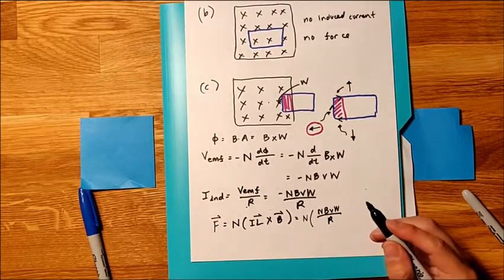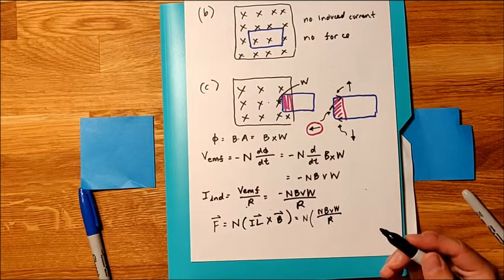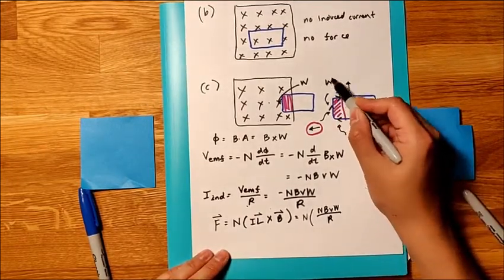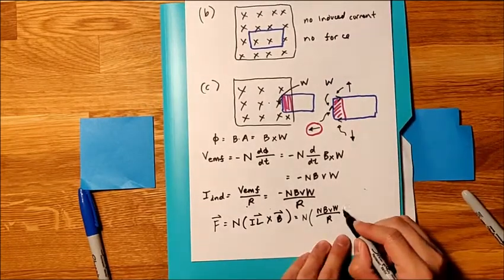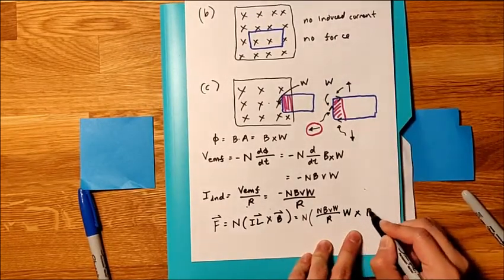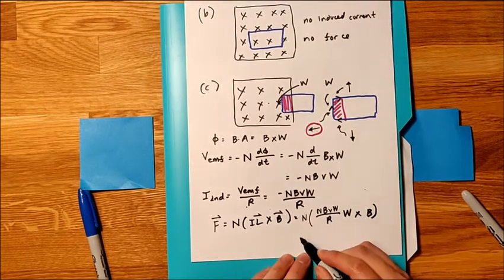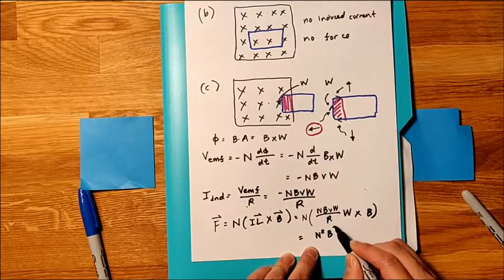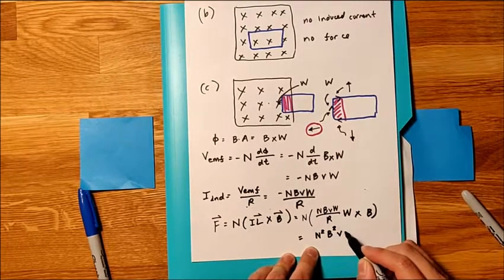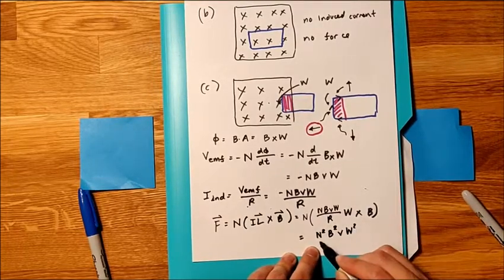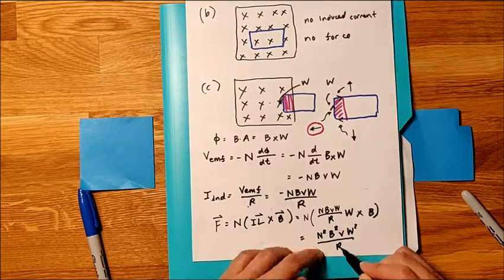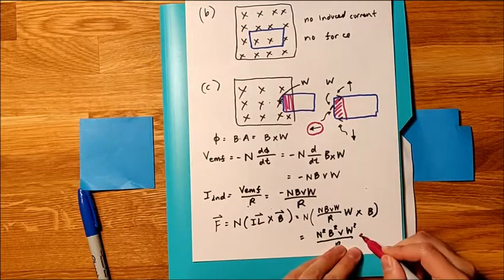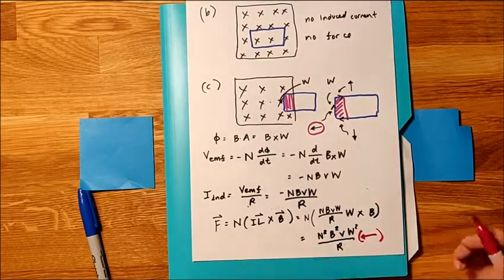Again, we're looking at the length that is feeling the force, which will be the W, times W cross the B. So the answer will simply be N squared B squared times V times W squared over R. And the force again is going in this direction, to the left.